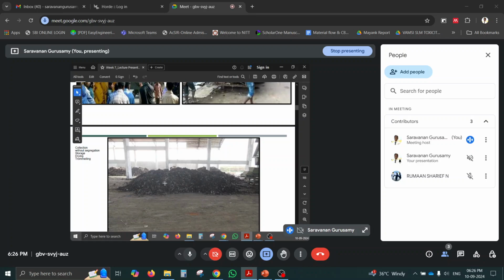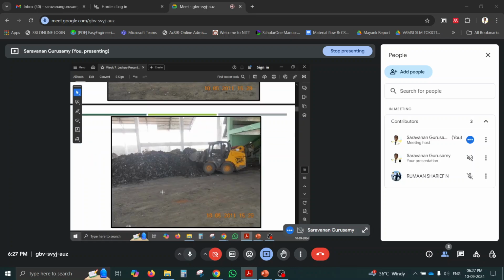But if it is mixed waste, then segregation needs to be done before keeping it in the compost drum. So first we store and then dry it, because it has high moisture content, so it should be dried enough. Then after trommeling, it goes to the compost plant, because unsegregated waste needs to be trommeled and only the organic matter needs to be screened out. That should go to the compost plant. So this is what they are doing.